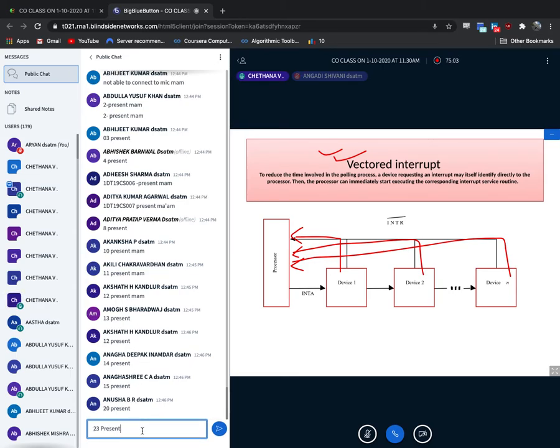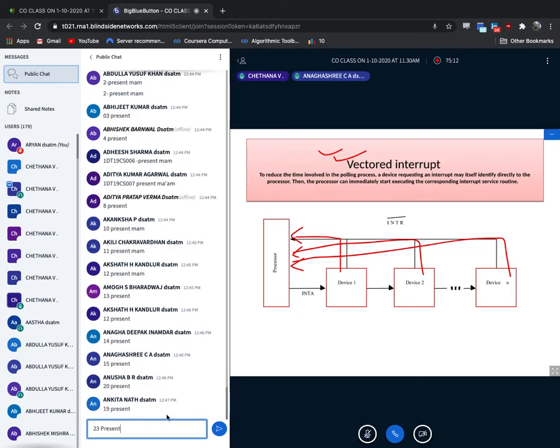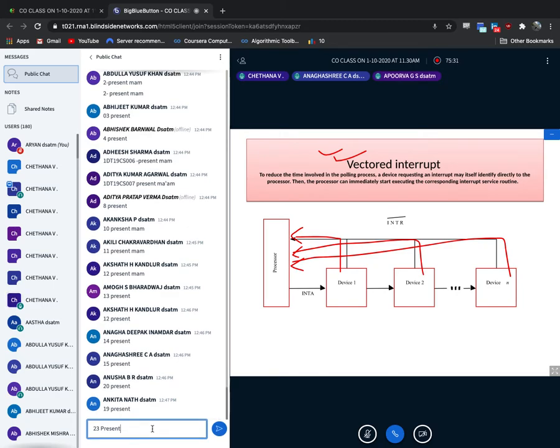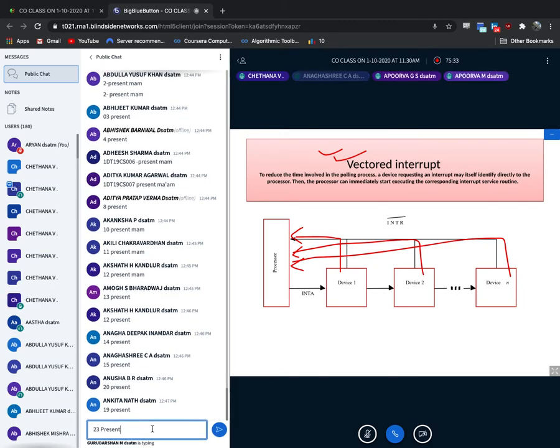USN number 18. Ankita. Anusha. Apurva. Present, ma'am. Apurva M. Present, ma'am.